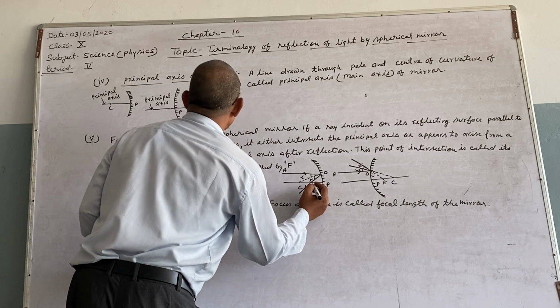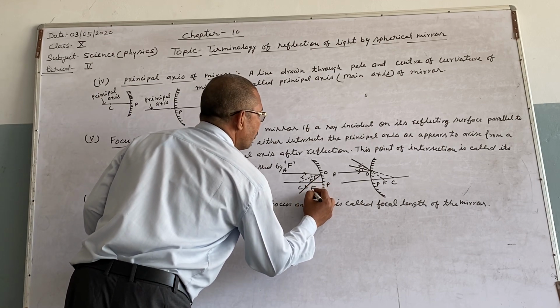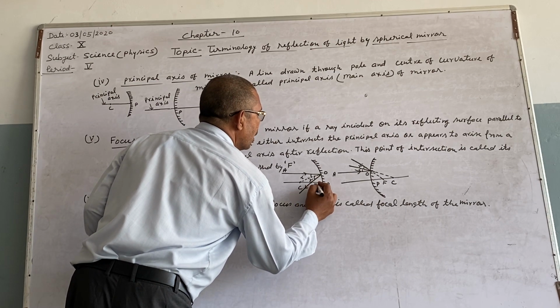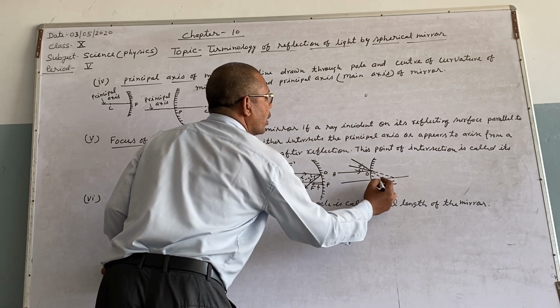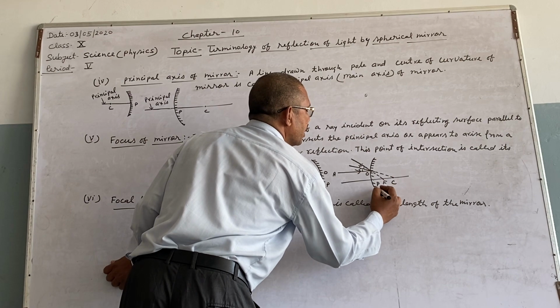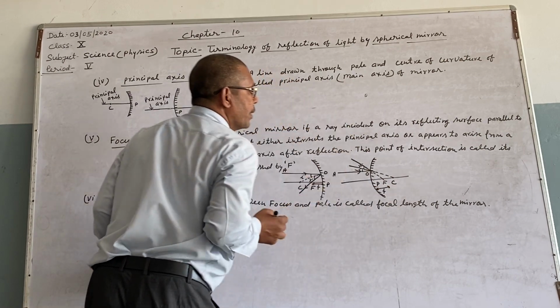So here FP, this is the focal length of the mirror. Focal length F.